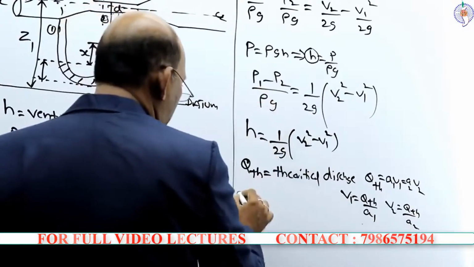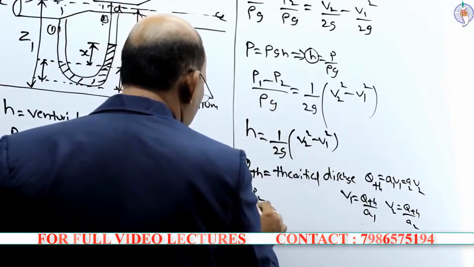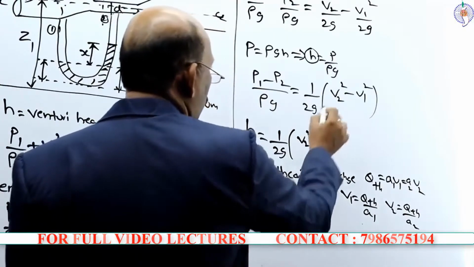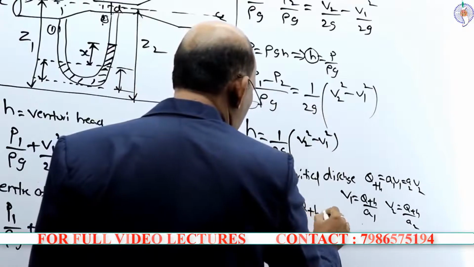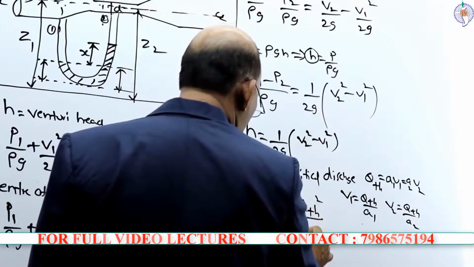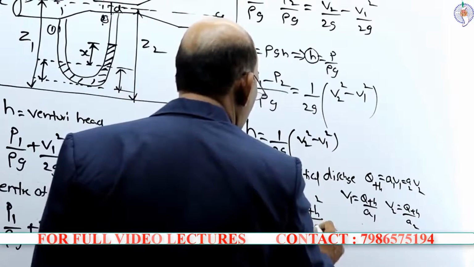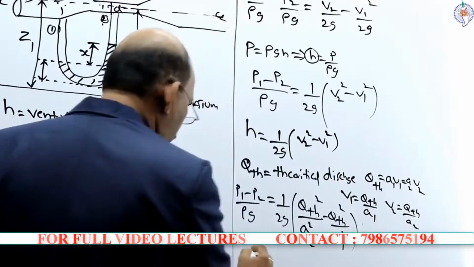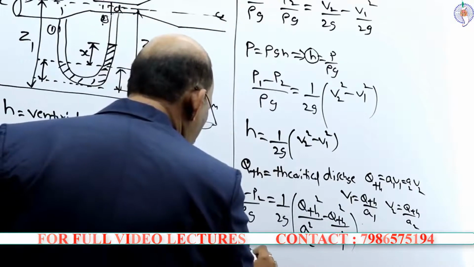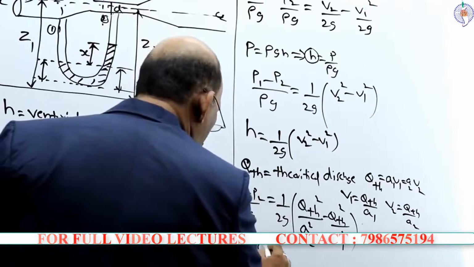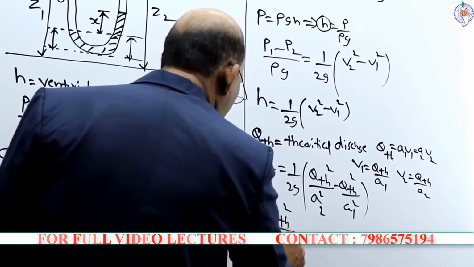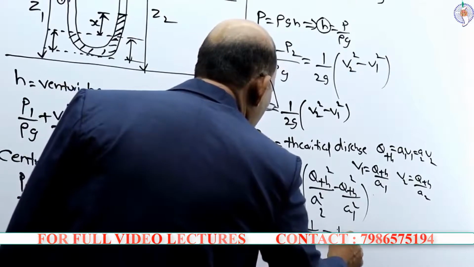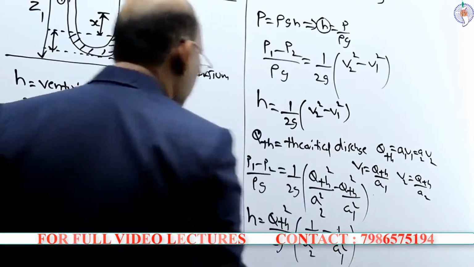Substituting back in this equation, (P1 minus P2) divided by rho g is 1 by 2g into (Q theoretical square divided by A2 square minus Q theoretical square divided by A1 square). So H is equal to Q theoretical square divided by 2g into (1 over A2 square minus 1 over A1 square).